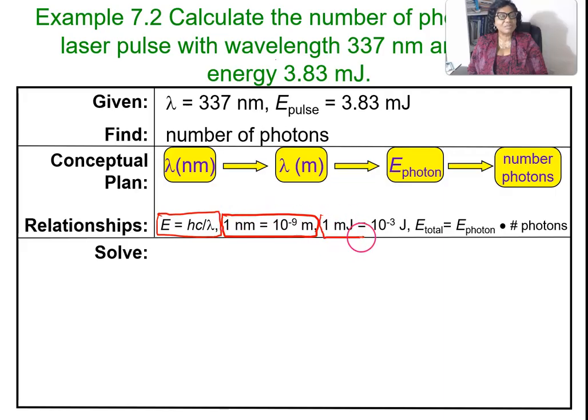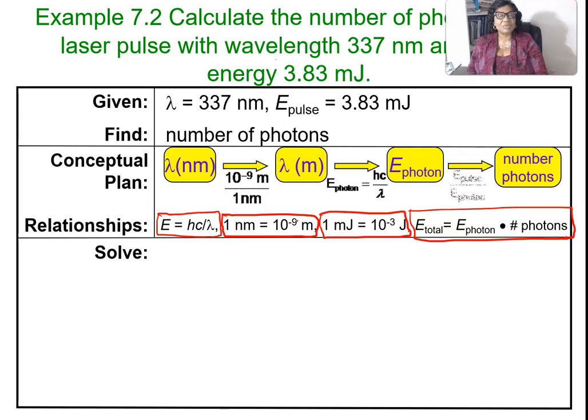This is our conversion factor between millijoules and joules. Then this is the equation we use to find the energy of a photon. So those are the conversion factors that we are going to use for our calculation. We want to first change our nanometers to meters. So that's what we'll do first.